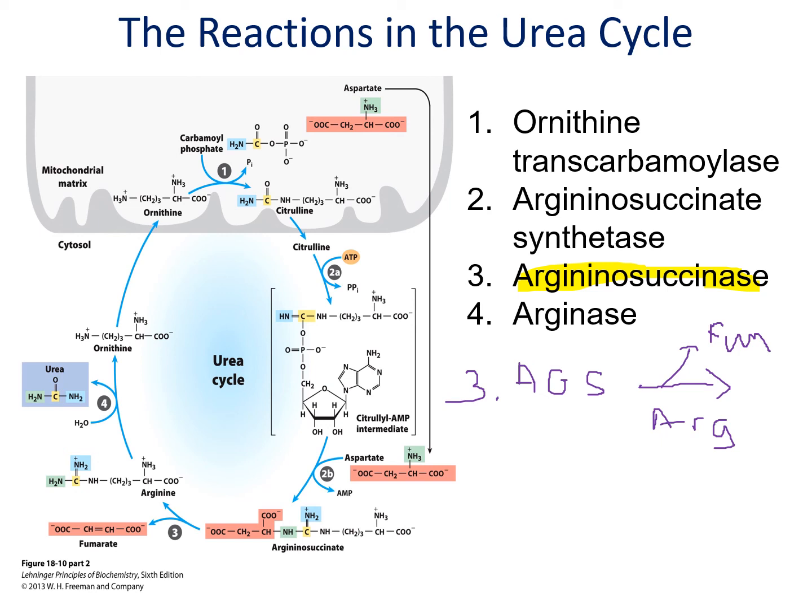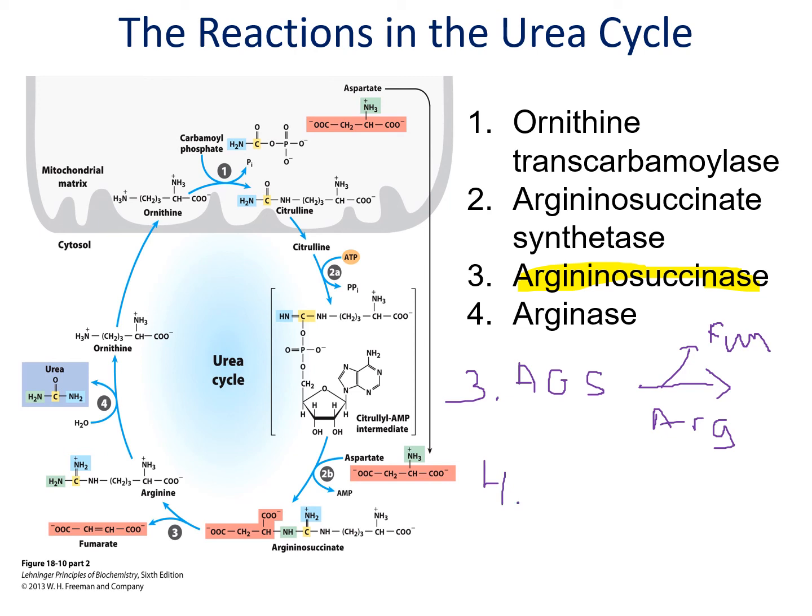All right, so now we got this arginine, which we know the structure of, but it still has these two ammonias on it. We said we wanted to get rid of that ammonia. So how are we going to get rid of that ammonia? We are going to create a urea.